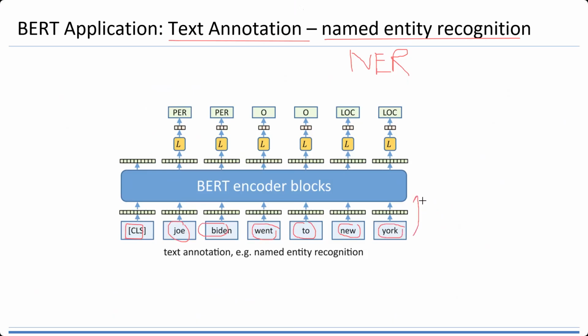When we input this into the BERT encoder blocks, we can annotate that the first word indicates a person, the second word indicates a person, the next word is just a verb, and then New York indicates a location.